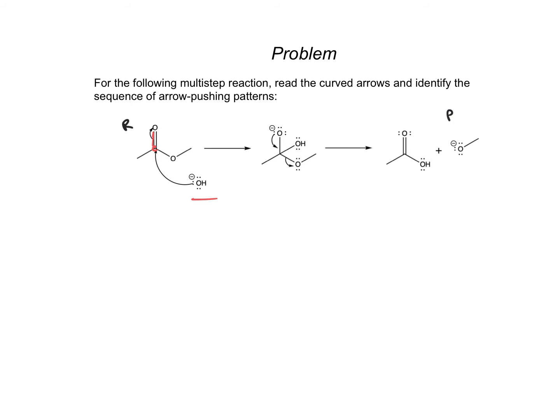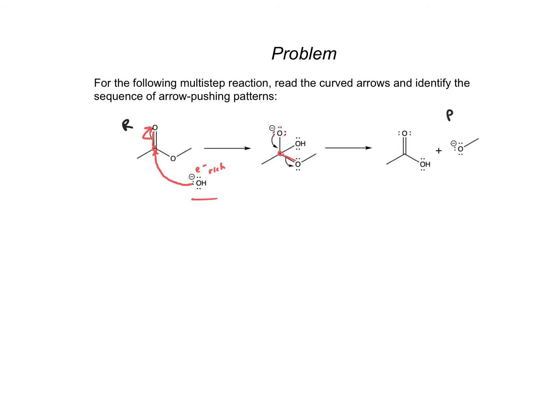We have a nice electron-rich species, and it's donating electrons to this carbon. It's forming a bond between it and this carbon, and in the process, the electrons of this pi bond are going to this oxygen. And so now we've got oxygen up here with 3 lone pairs of electrons and a negative formal charge. We have our carbon with its bond to this oxygen.